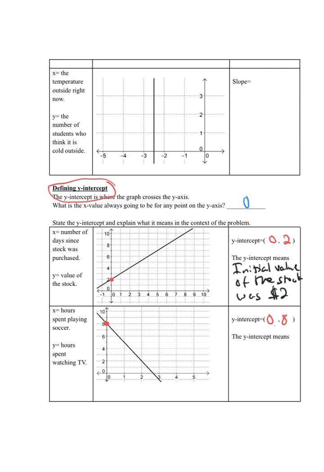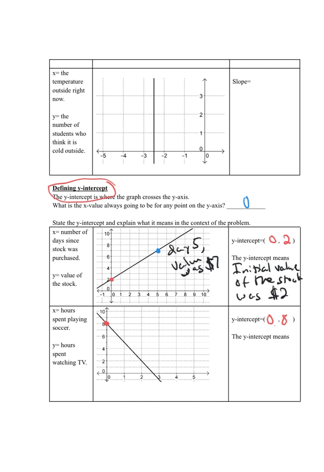So here we're not talking about the change of the stock. We're just talking about that specific point. Similarly, if I picked another one here, like 5, 7, well, that would be saying on day 5, the value was $7.